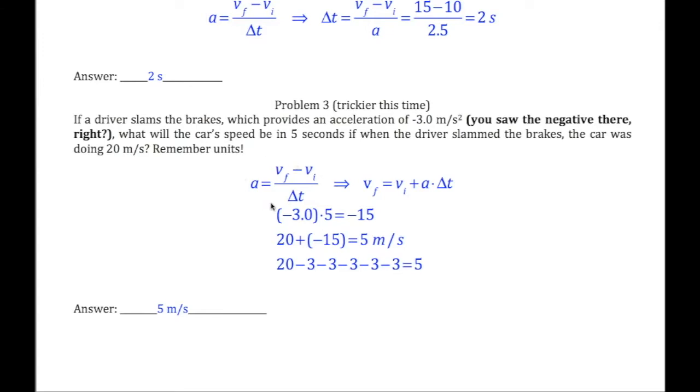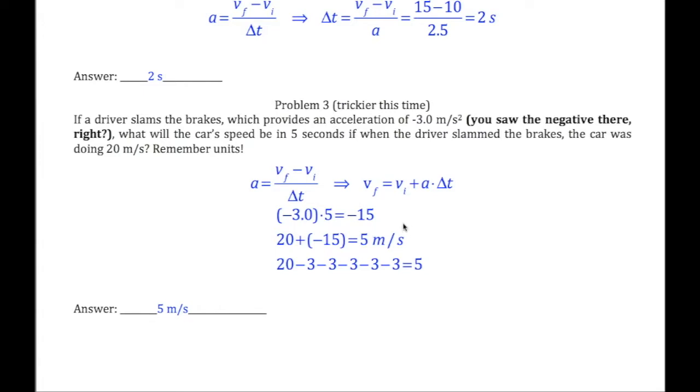Or you look back at the formula: acceleration is final minus initial over time. If you rearrange this, acceleration times time gives you final minus initial, so final is just initial plus acceleration times time. Acceleration times time is negative 3 times 5, which is negative 15, and 20 plus negative 15 is 5 meters per second because we're finding speed.